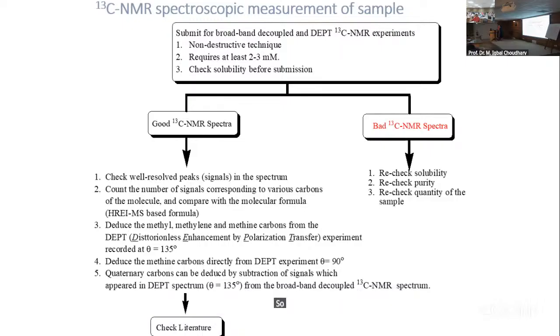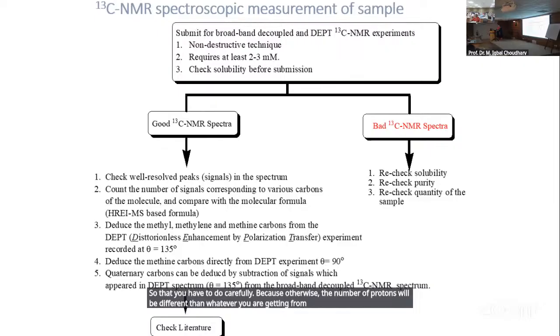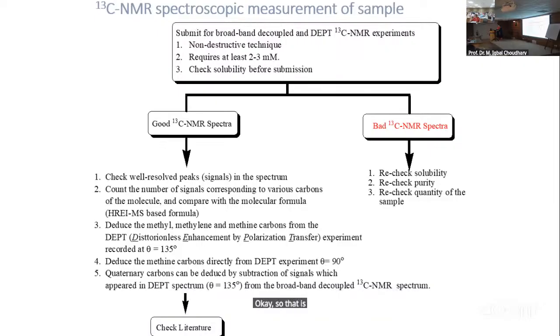So you need to know your compound, know which one should be the one proton, identify it, and then the rest will be integrated as per your expertise. You have to do that carefully, because otherwise the number of protons will differ from what you are getting from mass.